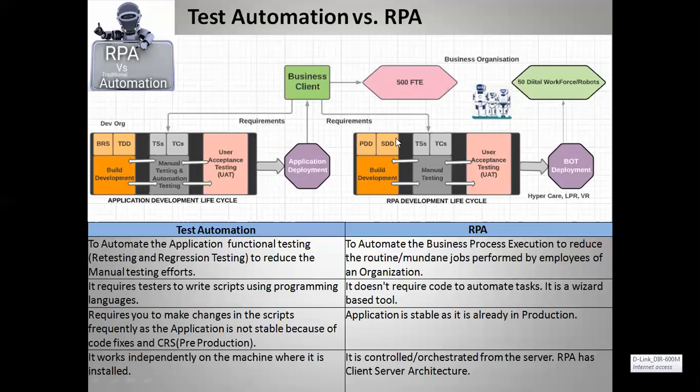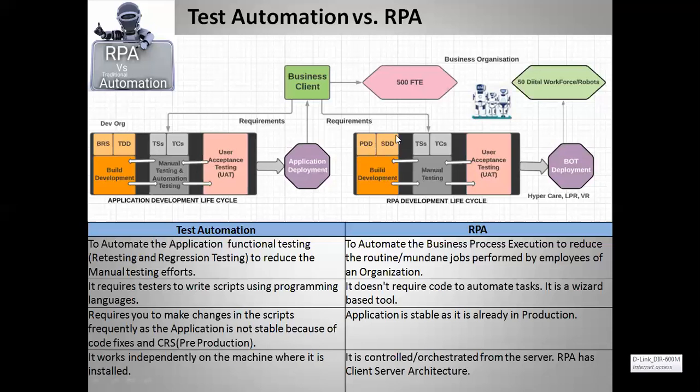He will provide the requirements to the organization in the form of a PDD, that is called the process definition document, wherein the keystroke level screenshots are available, showing how the end users, the employees of the organization, are executing that particular business process. Step by step, the steps would be mentioned, and negative scenarios, happy path scenarios, everything would be mentioned in that.